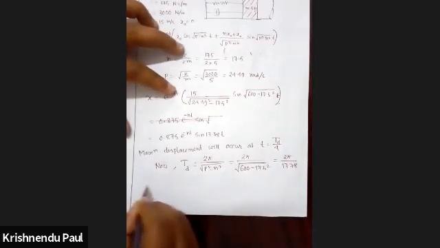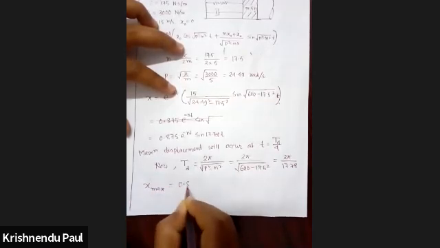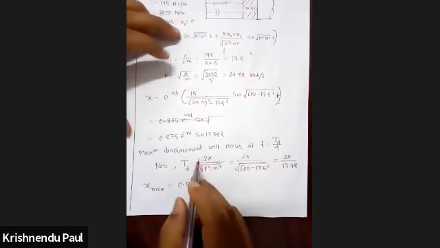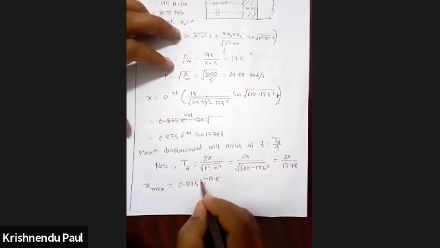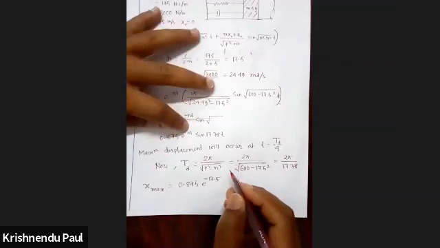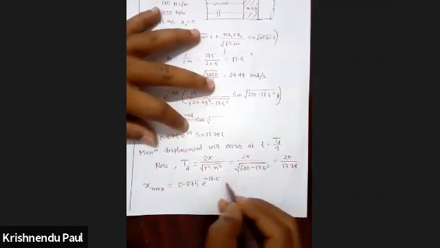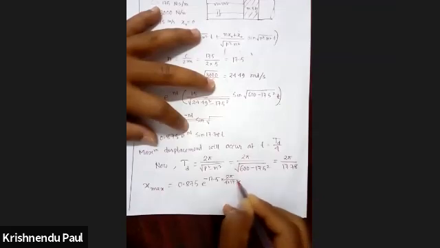Now x max is equal to 0.875 e to the power minus n, minus n means minus 17.5, td by 4. Here we have to replace t equal to td by 4. So td by 4 means 2 pi by 4 into 17.78.